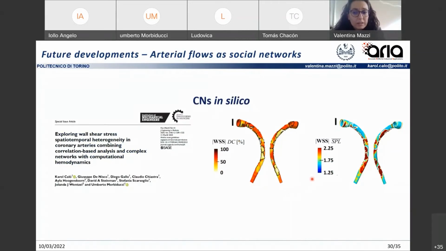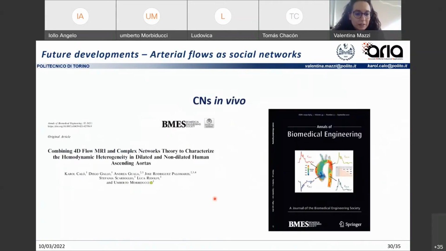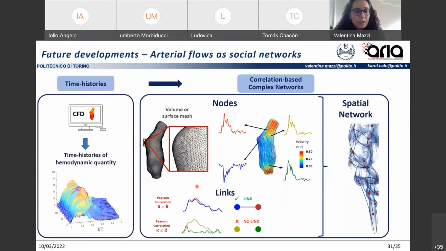And very recently, we also extended the complex networks approach to a 4D flow MRI in vivo study of dilated human ascending aortas. This study showed the potential of the complex networks approach to provide indicators for a finer risk stratification of ascending aorta disease, to be used potentially in a clinical framework.